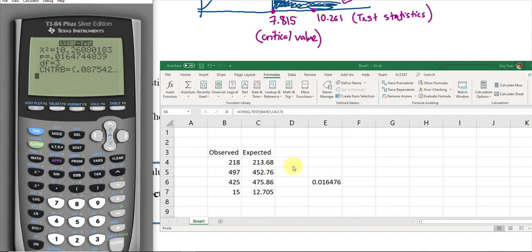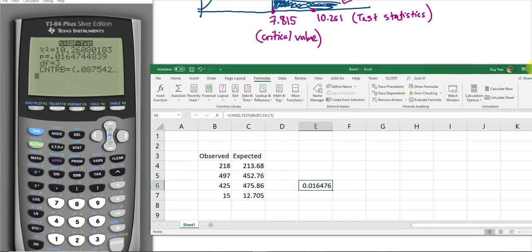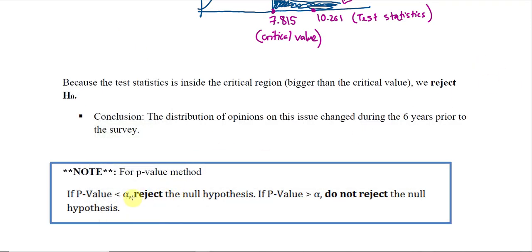This is the p-value from Excel, and again it is less than alpha, which is 0.05. We reject the null hypothesis. So we end up with the same conclusion no matter if you use the p-value or critical value method, or Excel or the TI-84.